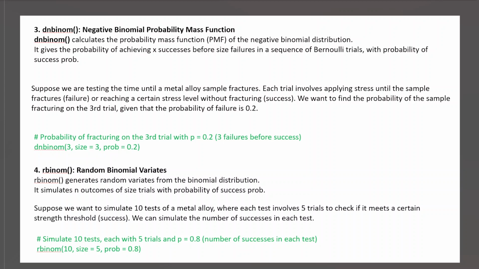So if I have a tensile strength value and it crosses it, the sample fails. Some samples even after reaching it do not fail. When it doesn't fail, it is a success. When it fails, it is a failure. So that is what the question is.